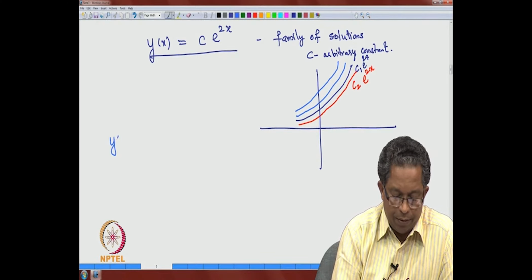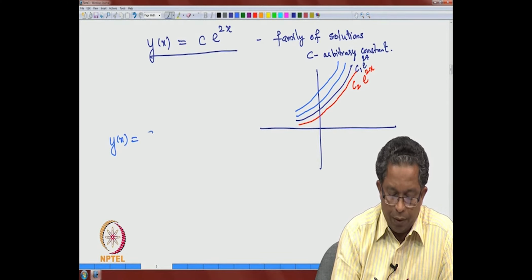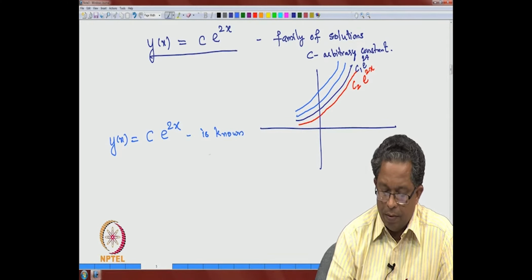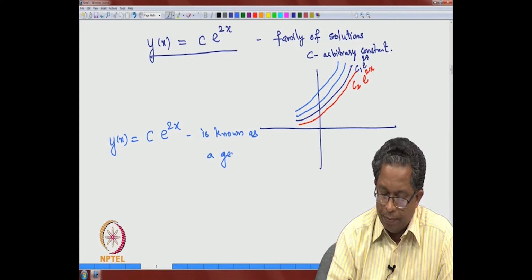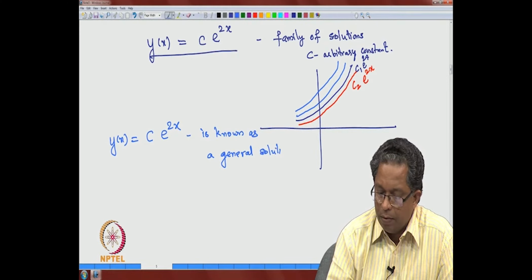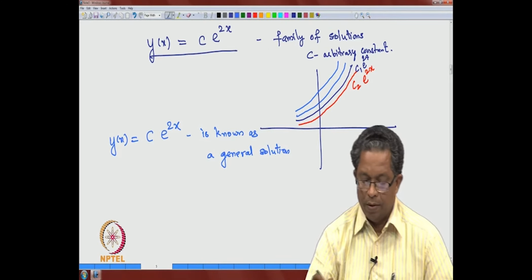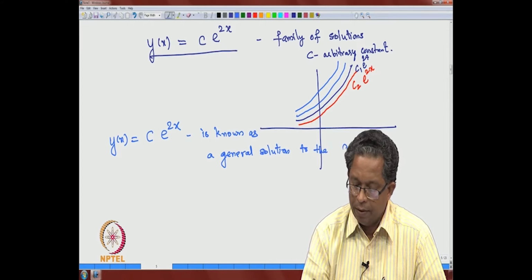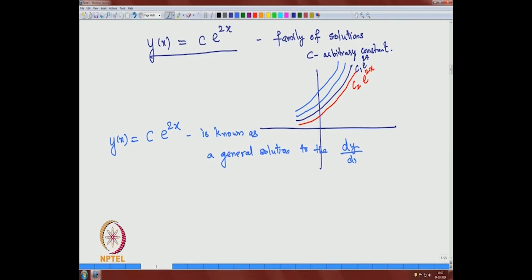So, y of x is equal to c e to the power 2x is known as a general solution to the differential equation dy by dx is equal to 2y.